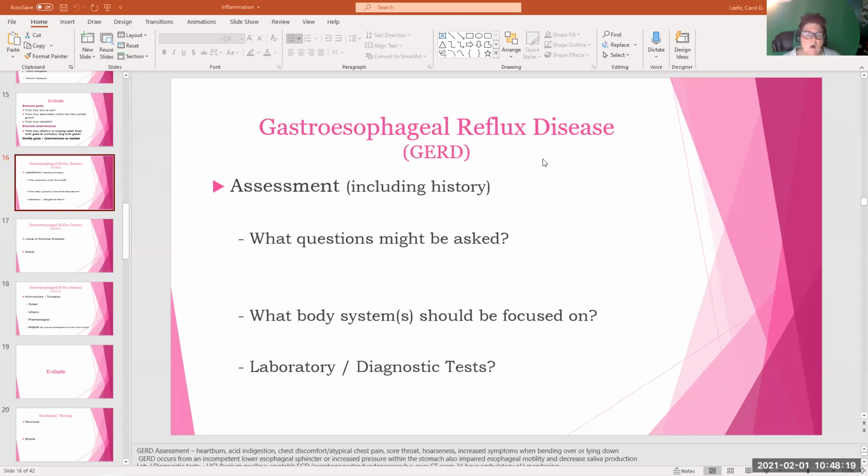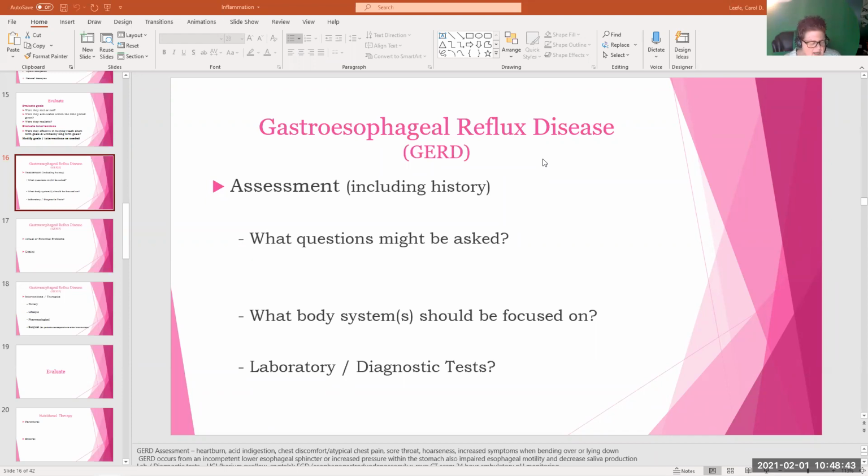Okay, so risk factors: what increases the incompetence of the lower esophageal sphincter or increases the pressure within the stomach? Repeatedly drinking carbonated drinks?